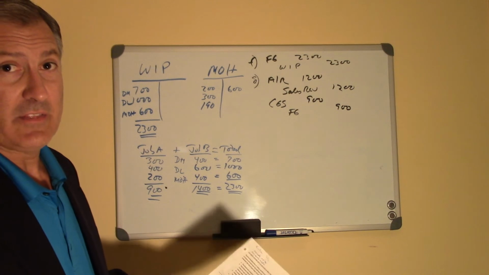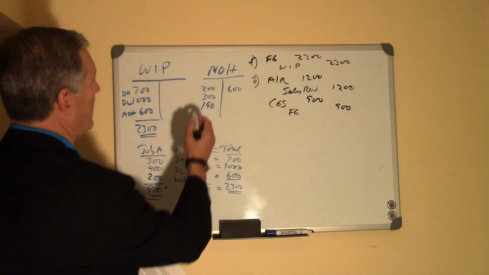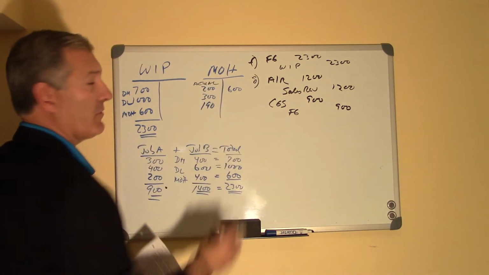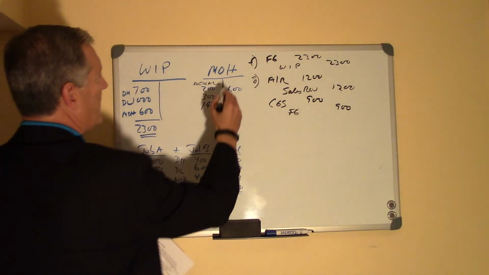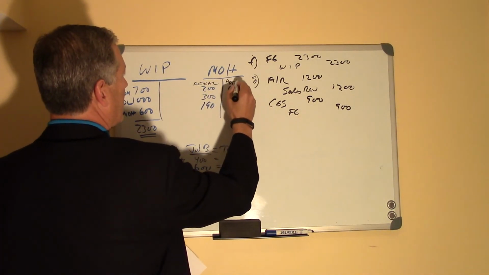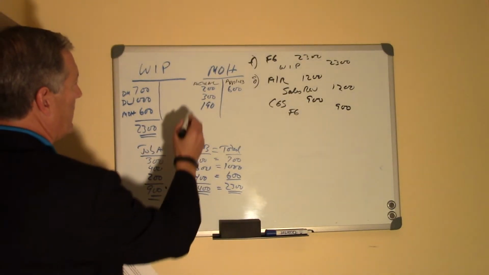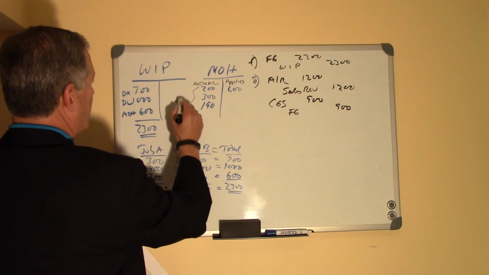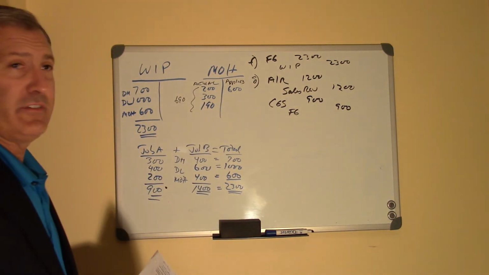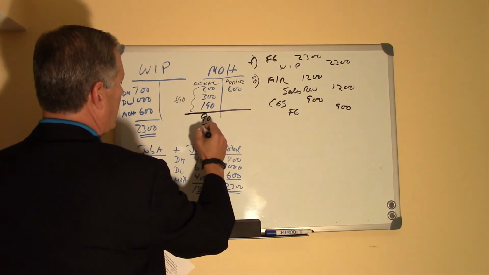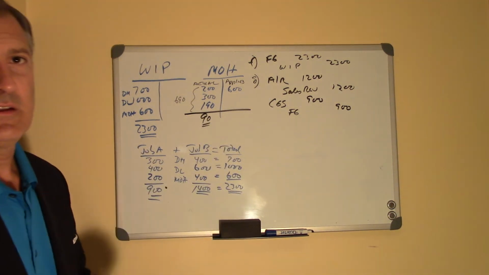Again, we're looking at the manufacturing overhead account, and let's remember that the debits here represent actual costs. The credits here represent applied to work in process. We have $690 of debits, $600 of credits. We have a $90 net debit.